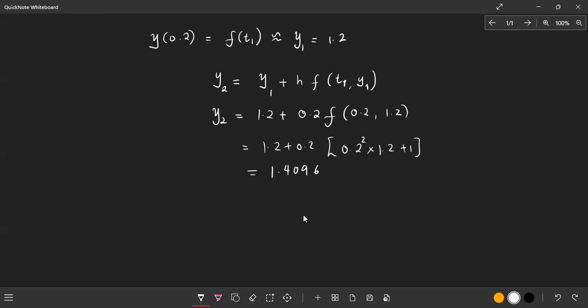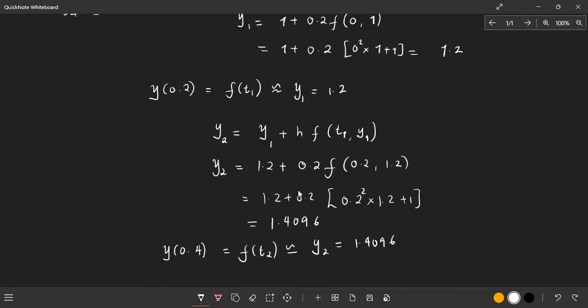So therefore, we can conclude that y at t equal to 0.4, which is the same as t2, is approximately equal to y2, and this is equal to 1.4096. You can present it either way.